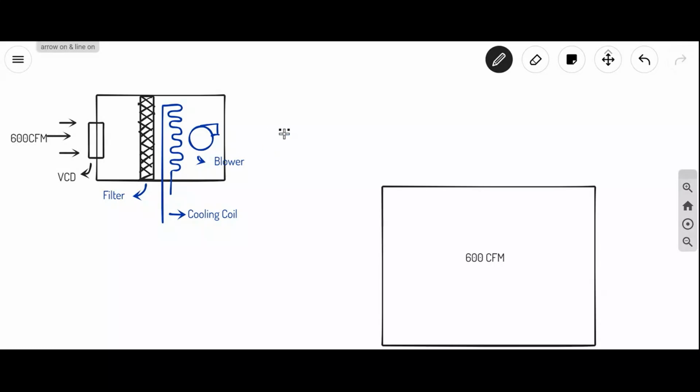Now, is the 600 CFM of air we have taken from outside completely pure? No. So first we need to filter the outside air, right? Yes, sir. To filter the outside air, we are going to use a filter.